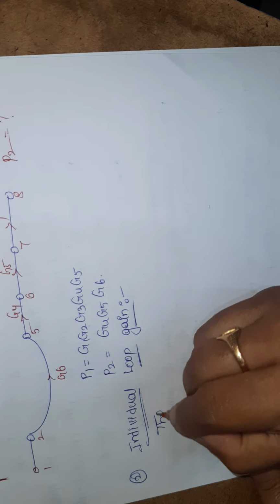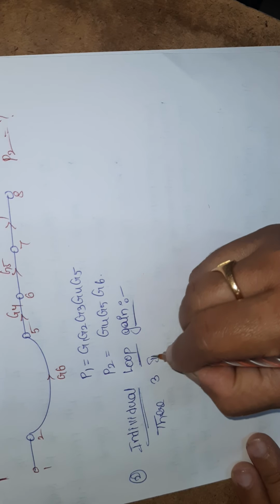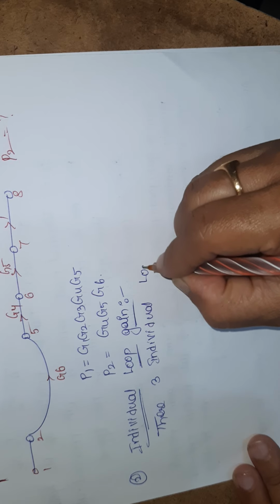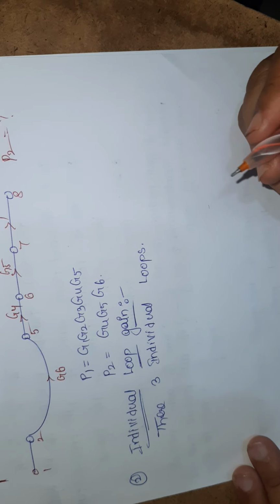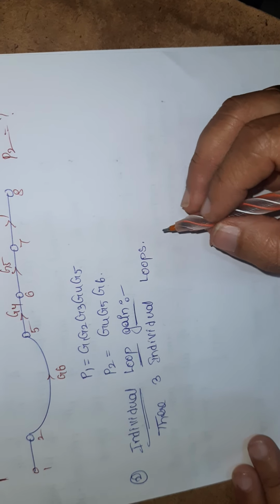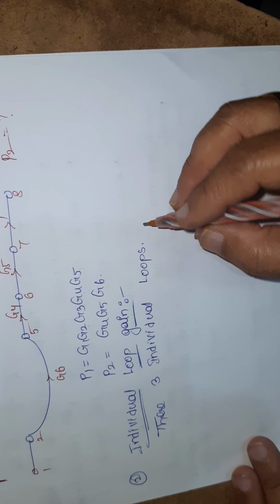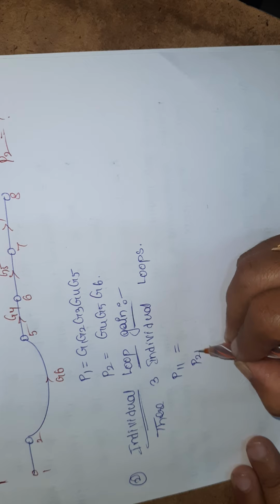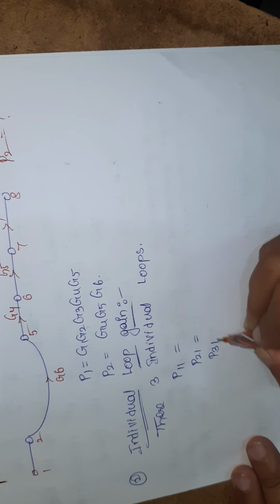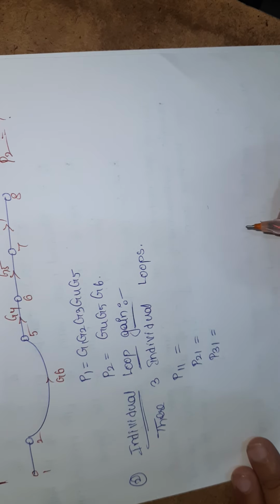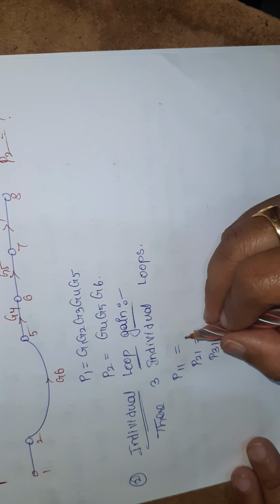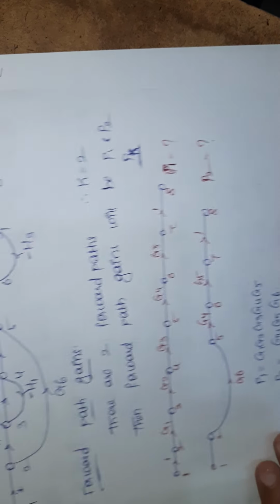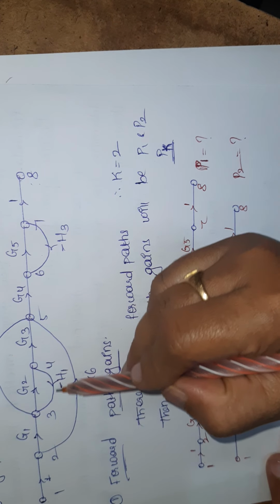So there are 3 individual loops, and I am assuming them as P11, P21, P31. P11 is minus G2 H1.